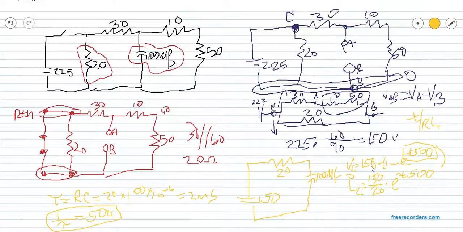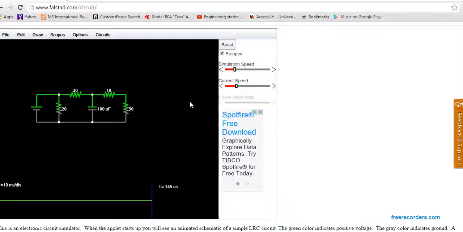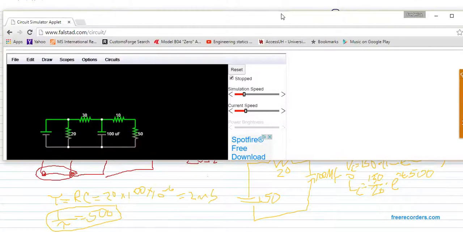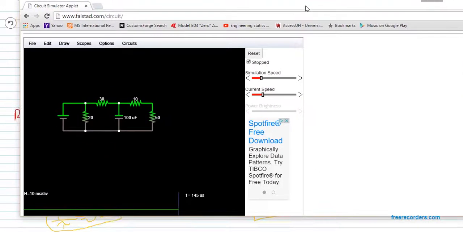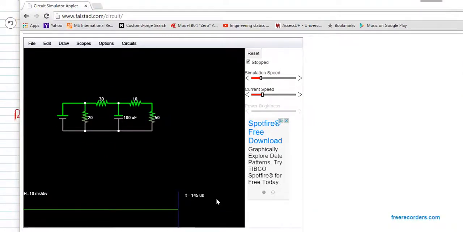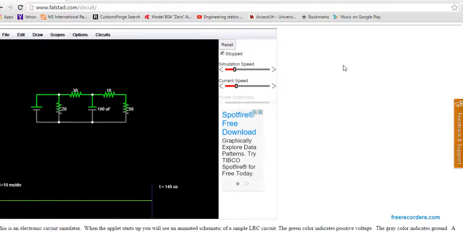Now, one of the things I did was run this through a simulator to show you guys what goes on, and I've got that here. Let me rearrange this so you guys can see it a little better. Let's just leave it that way then. So when I set this, I'll show you the voltage as it steps up here. The voltage climbs, and let's increase the simulator speed here. It's climbing.